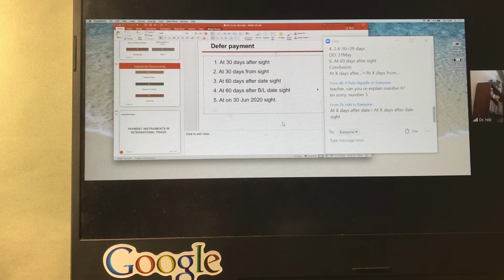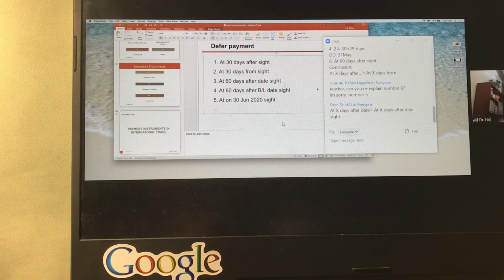Okay, so now Miss 46, she wants me to re-explain number 5, right? Yes. Number 5, okay. Number 5 is we have a fixed day. They show a fixed day on the contract, on the BE. The due date falls on 30th of June 2020. That's why we don't need to calculate.